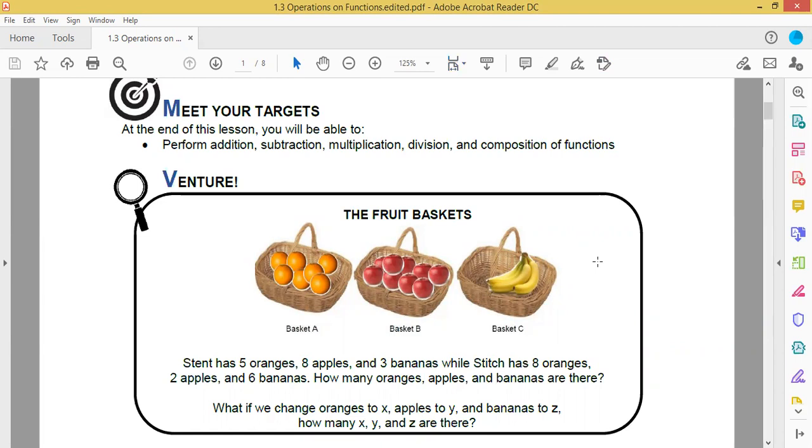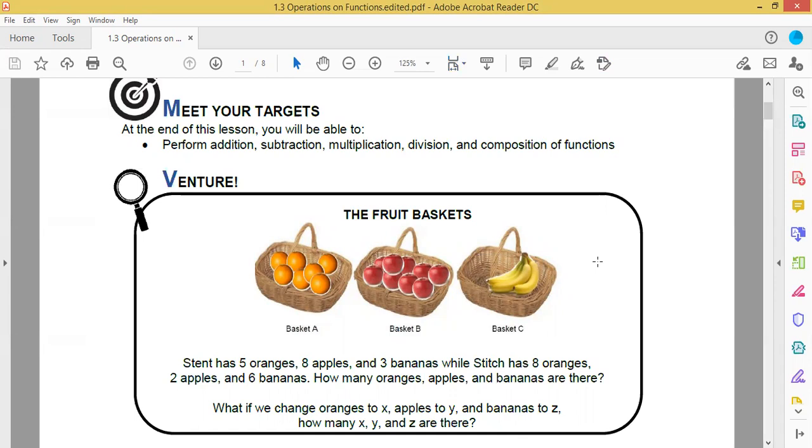What if we change oranges to x, apples to y, and bananas to z? How many x, y, and z are there? Pause this video while you solve for your answer. Now, the answer is, we have for the oranges x, 5 plus 8, that's 13 oranges, or 13x.